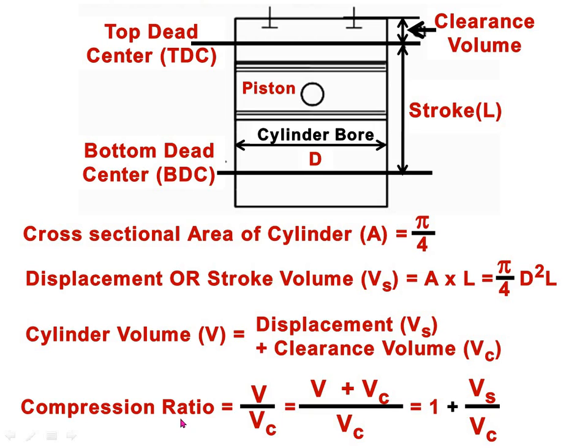So compression ratio is equal to total volume divided by clearance volume. Total volume of the cylinder is Vs plus Vc, upon Vc, which is equal to 1 plus Vs over Vc. So this defines the compression ratio.